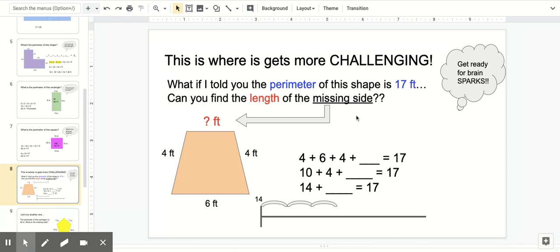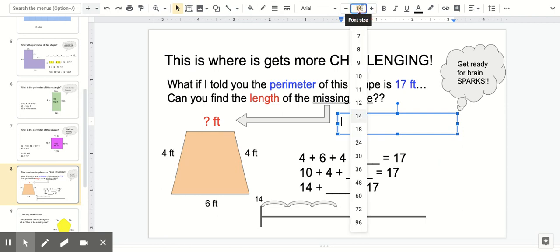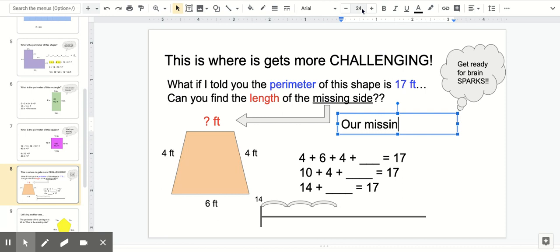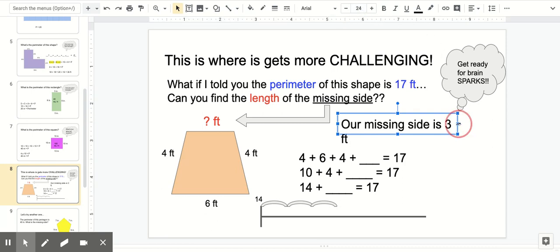3 feet. Let's do another text box here. Let's type in an answer. Our missing side is 3 feet.